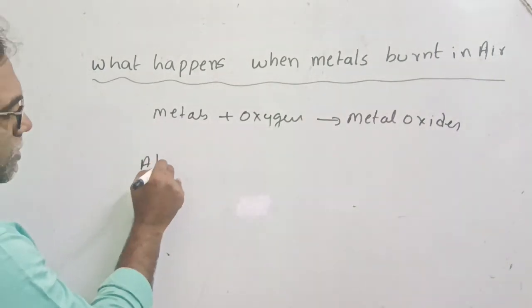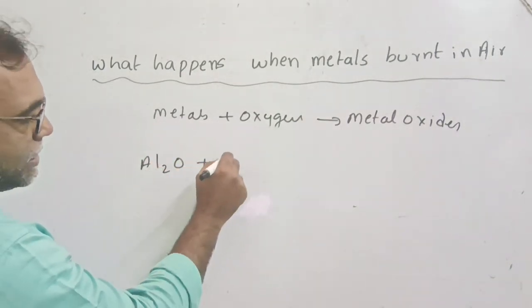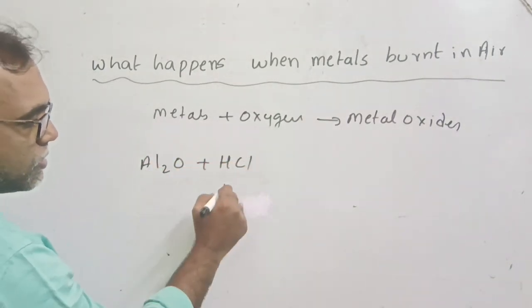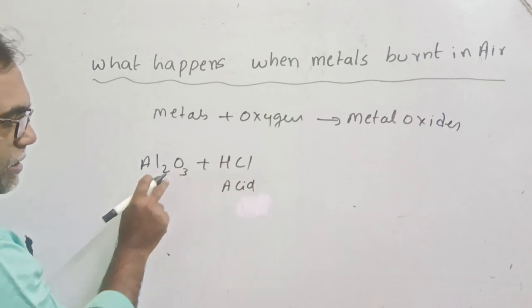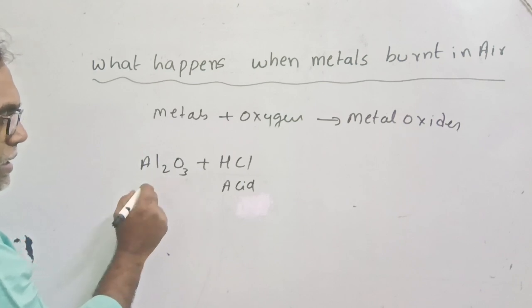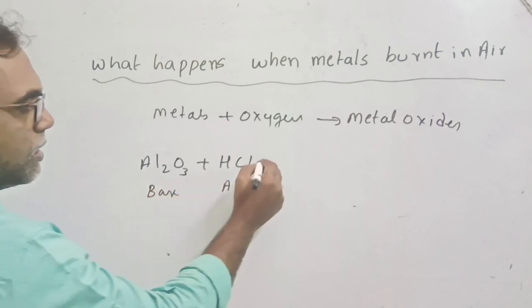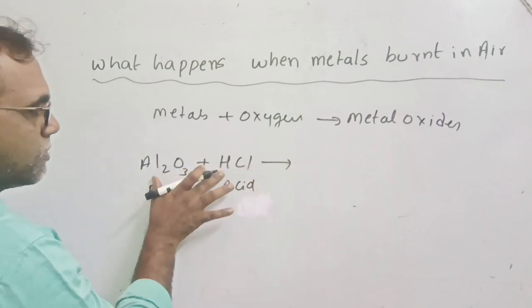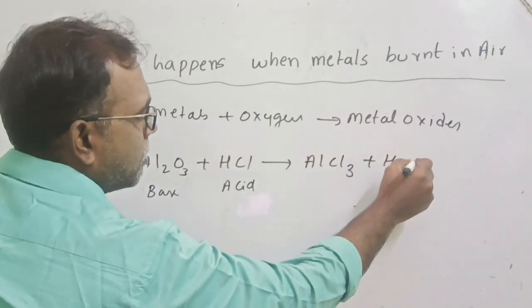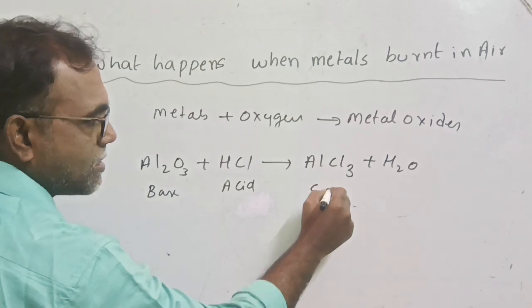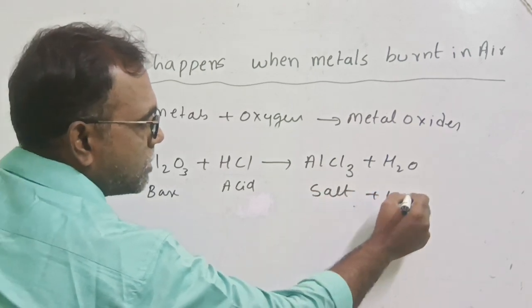First example, aluminum oxide reacts with acid. Here I am taking HCl as the acid, and the oxide acts as a base. It forms AlCl3 plus H2O, that is, salt and water.